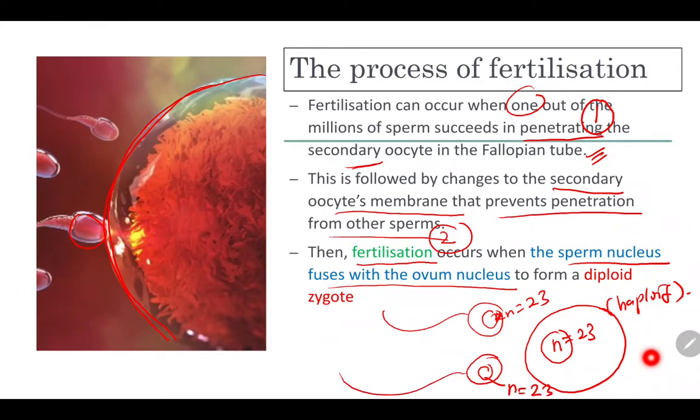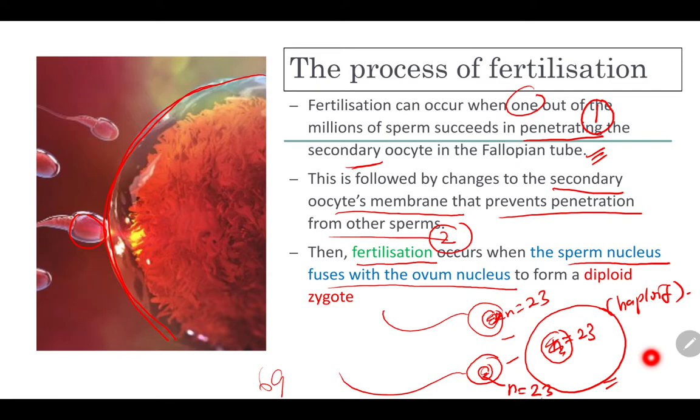Okay, let's say two sperms are able to penetrate and fertilize one secondary oocyte. Okay, fertilization. Remember, fertilization is referring to the fusion of the nuclei. So if 3 nuclei fuse, then the number of chromosomes in the zygote would be 23 plus 23 plus 23. So it becomes 69.